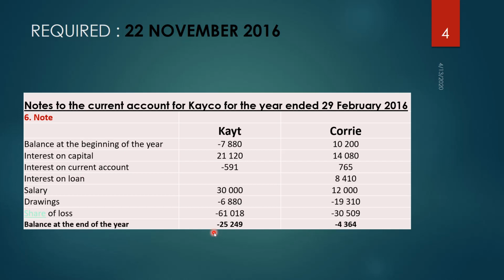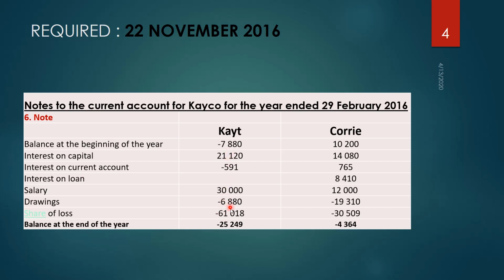Remember, a loss will be taken to the debit side of the current account. A debit side is reflected with a negative in the note to the current account. I wanted to say a debit side will affect the current account. That is, if you're required to do the current account, it will affect the T account and it will be taken to the debit side. And for the purpose of the note to the current account, it will be reflected by a negative sign.